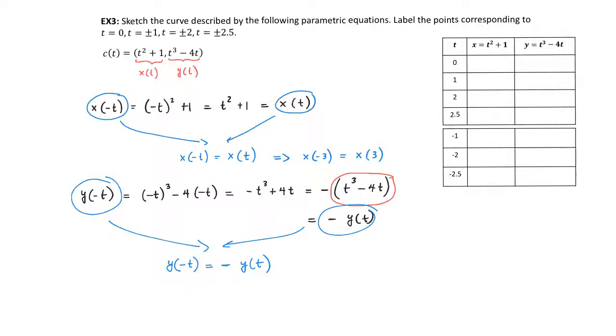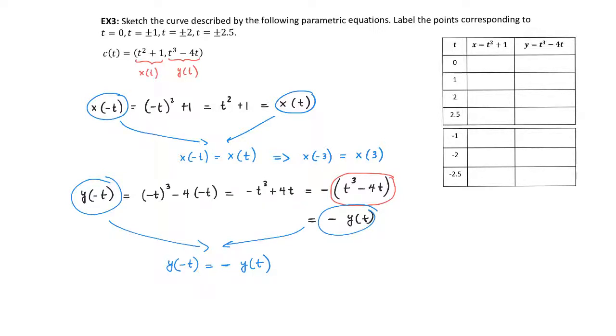That means a reflection about the x-axis. So this graph is symmetric about the x-axis. The x's remain the same, but the y's are reflected about the x. The y's will be y of negative t, and then the other one will be the opposite of y of t.